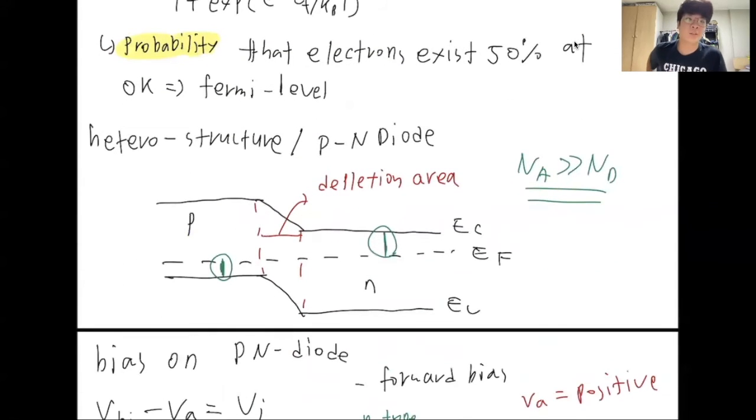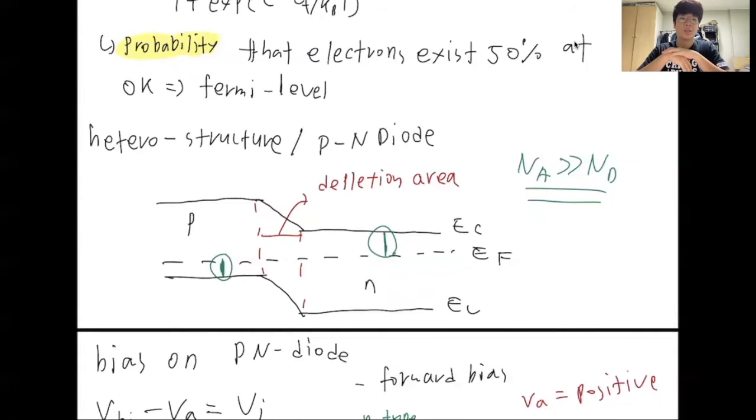and there is a PN diode, which is a heterostructure using p-type and n-type semiconductors. At thermal equilibrium, the Fermi levels are constant.